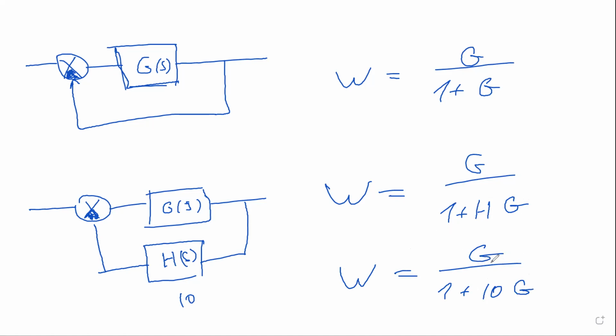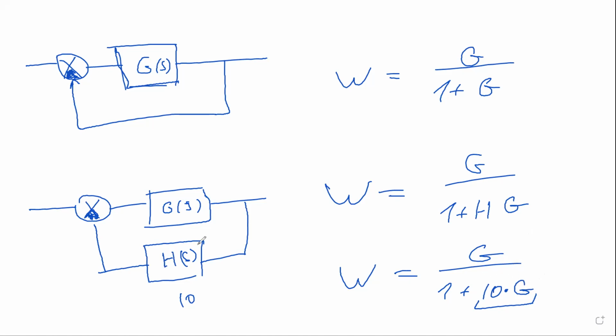Gain means amplification. Notice, please, that now in order for the system to blow up, we don't need -1. What we need is -1/10. So basically, when we say gain margins, what we say is how much we can amplify this function before everything blows up.